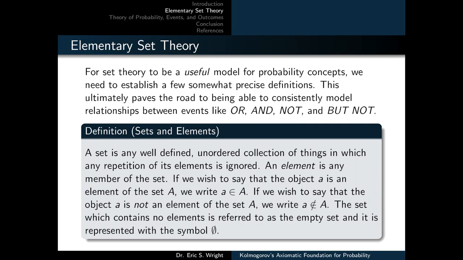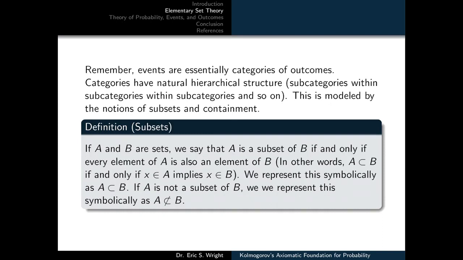That mirrors the relationship between events and outcomes that we've already seen in probability. Remember, events are essentially categories of outcomes. Categories themselves have natural hierarchical structure, subcategories within subcategories within subcategories, and so on. This is modeled by the notions of subsets and containment.